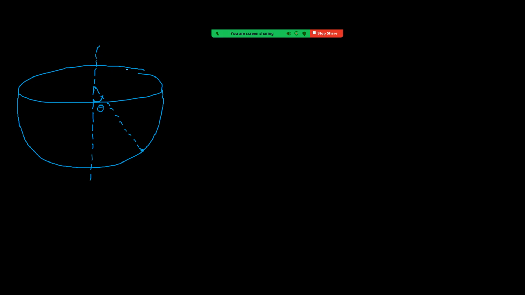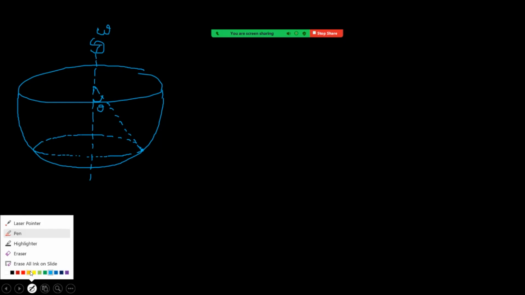He's asking the range of values of omega for which it does not slip. Okay. So now we are going to solve this problem with respect to that particle. Since the bowl is rotating, you can see the particle follows a circular path. This is now the circular path. Okay.